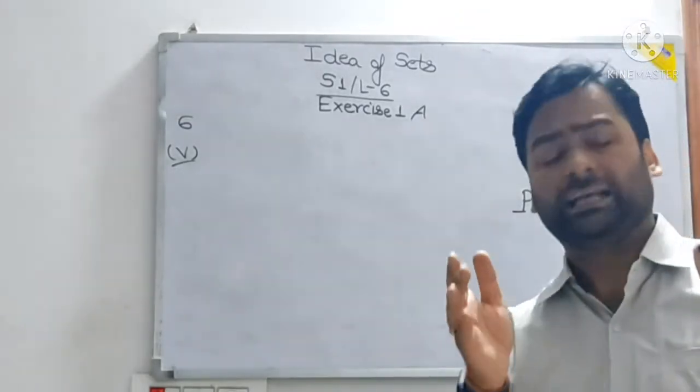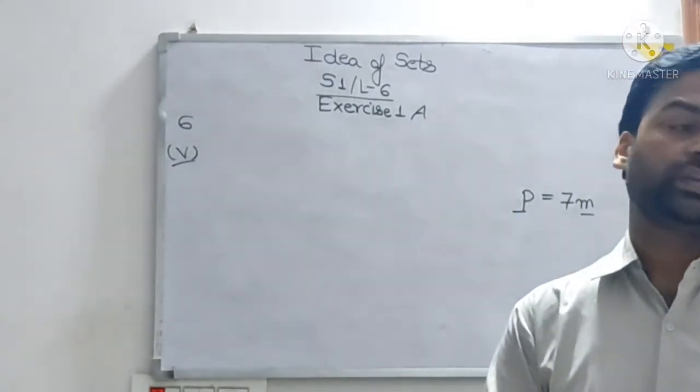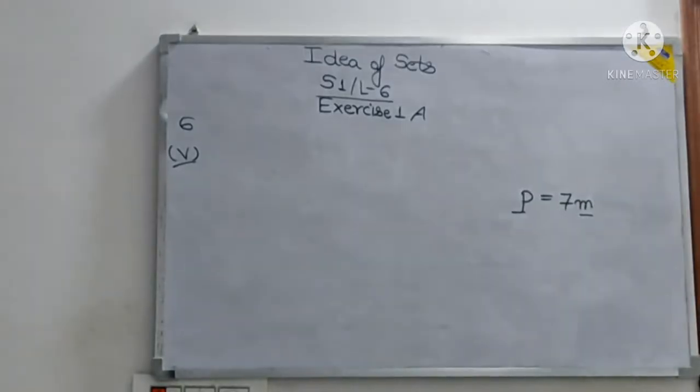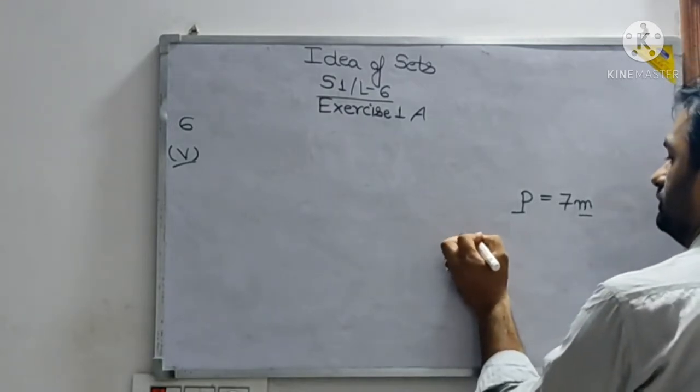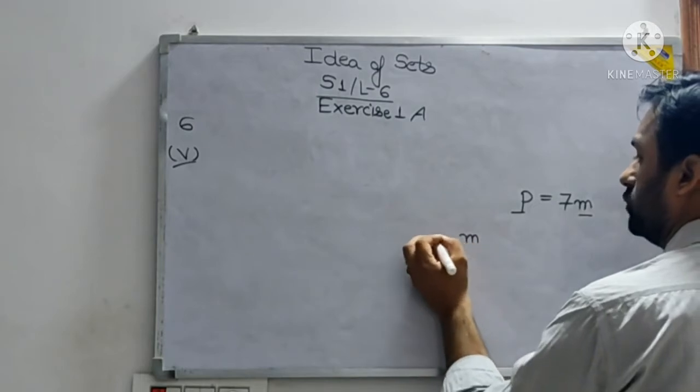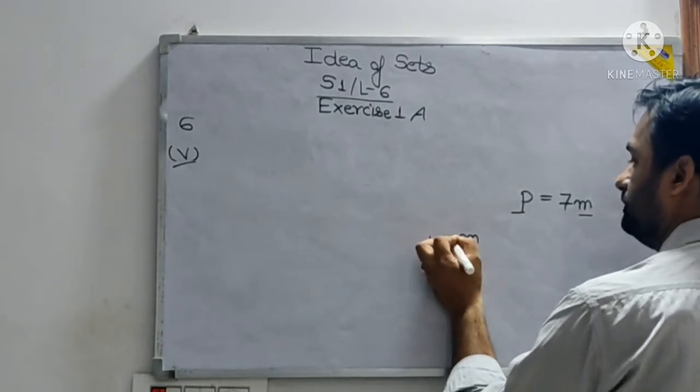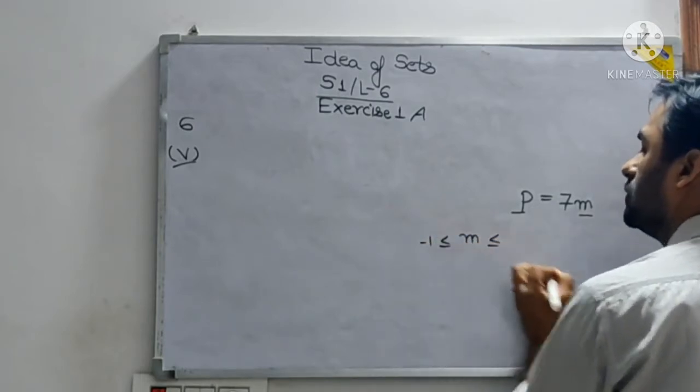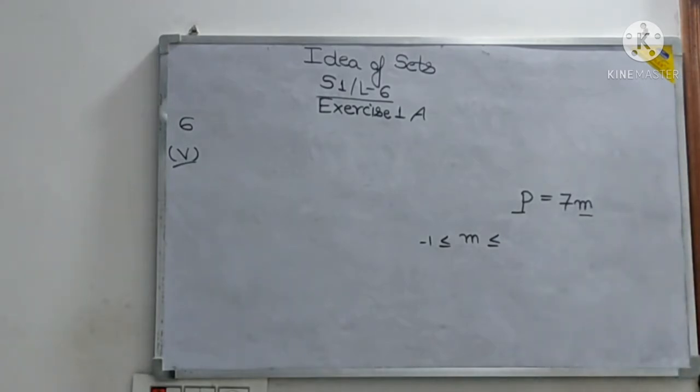That means there has to be a range of values for m. What are those values, children? It's given m is more than or equal to -1 and less than or equal to 3.